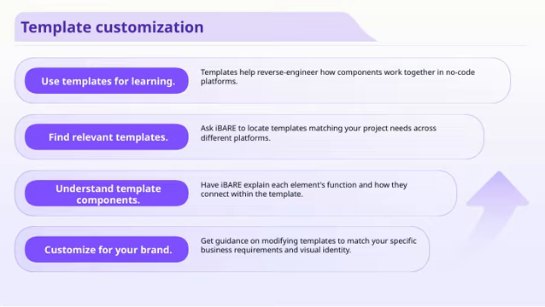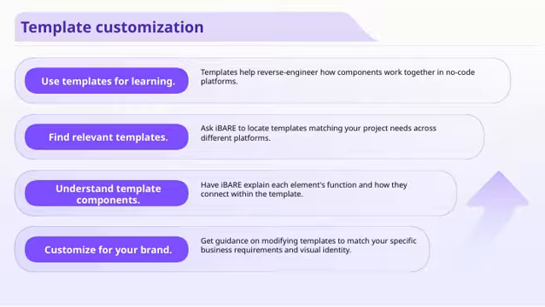Once you have a template, it's important to understand its components. iBARE can walk you through each element, explaining its function and how it connects to other parts of the template. This knowledge is key to customizing effectively. Speaking of customization, it's not just about changing colors or fonts.